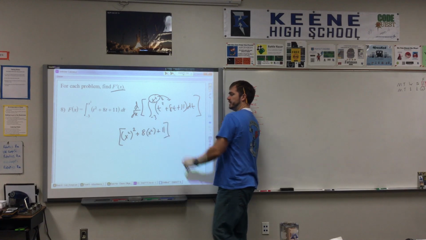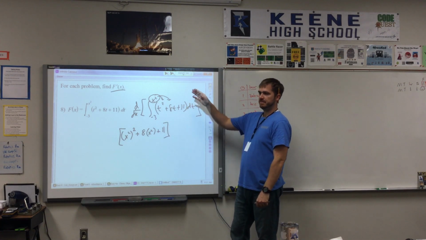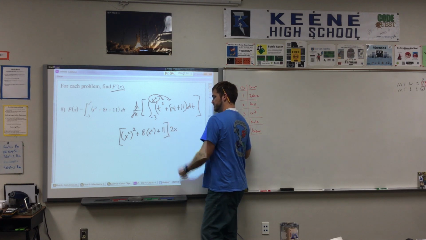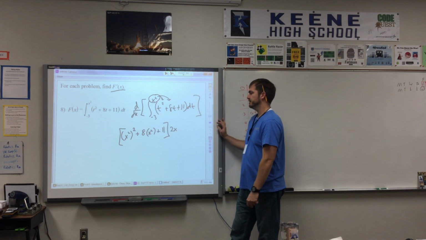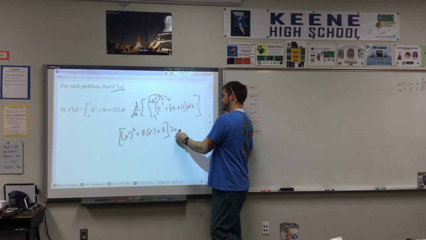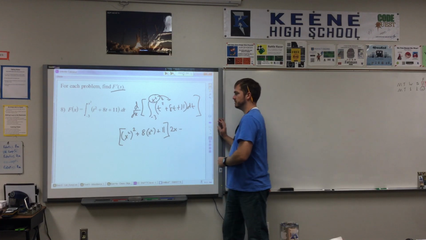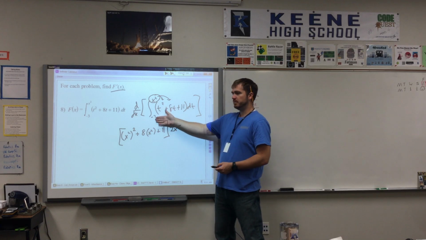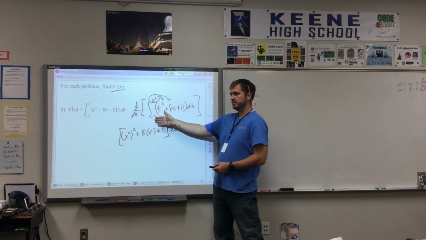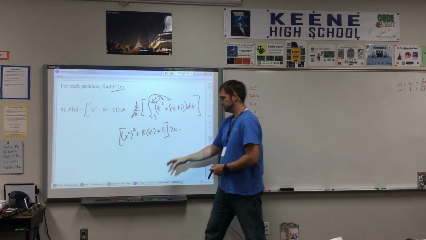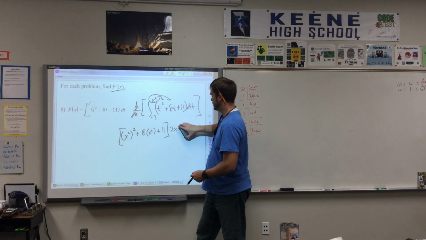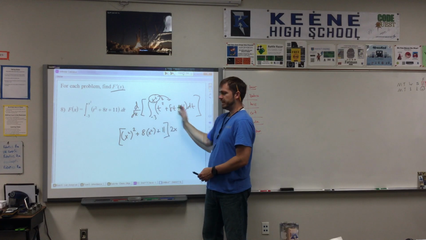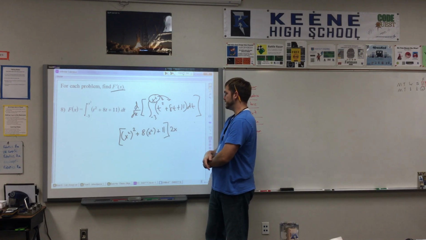That's the function evaluated at the upper bound, times the derivative of the upper bound, so 2x. Minus, well, it's not going to be minus anything because the lower bound is a number, so its derivative is 0. So we don't need that.